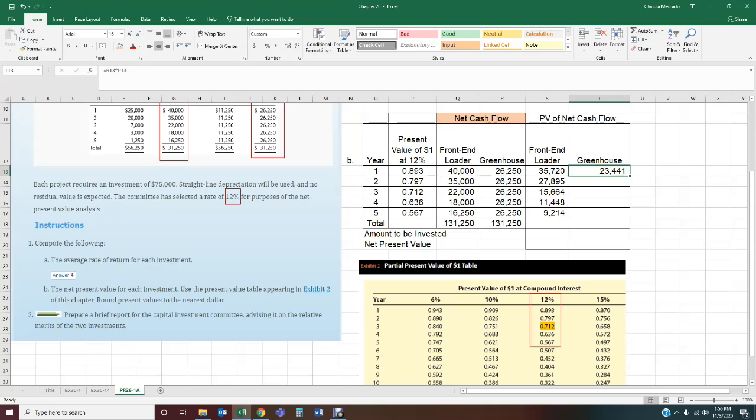So that would be the same for the greenhouse, which has a steady cash flow every year. It'll be the same amount. So we're going to get the cash flow times the rate for that year. And we are looking at whole numbers. Okay. It says round to the nearest dollar. So make sure when you're rounding, you round to the nearest dollar.